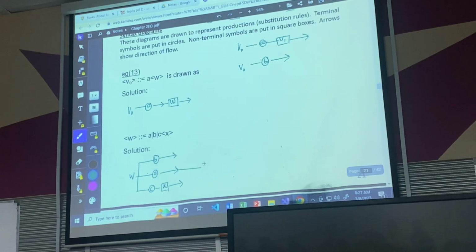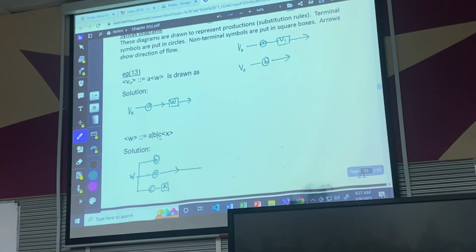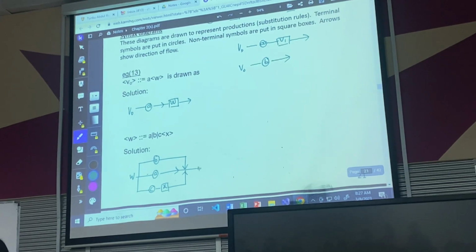Like this, you can go to the right, and then you can join together and go out. You can do like this also.